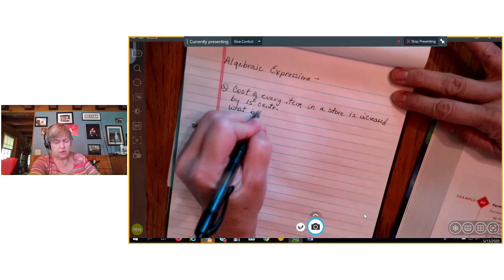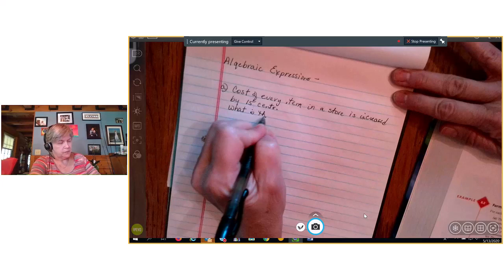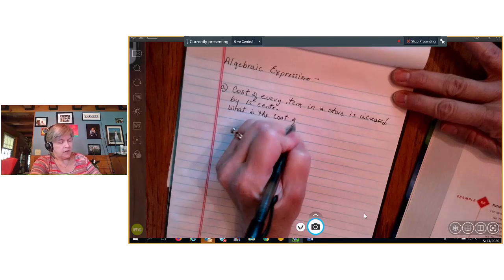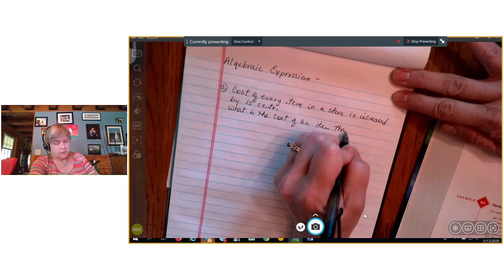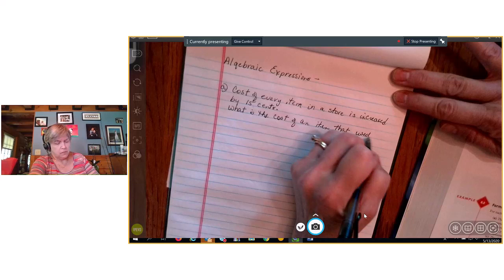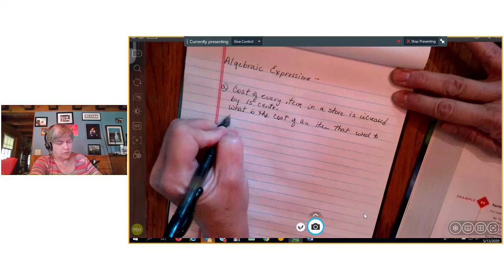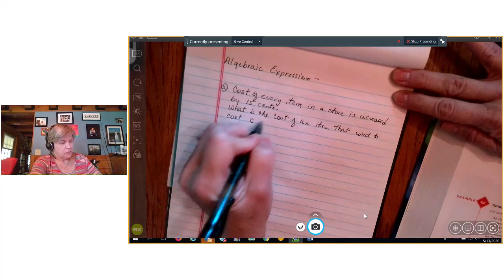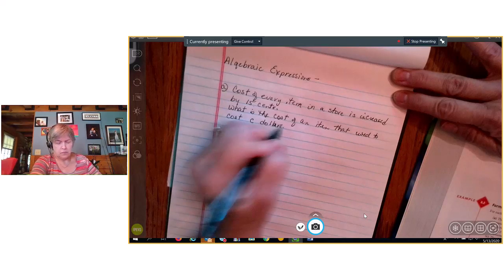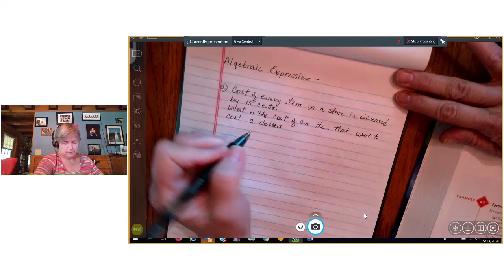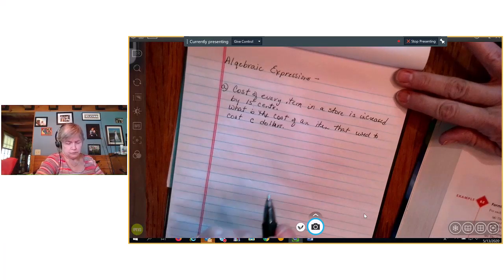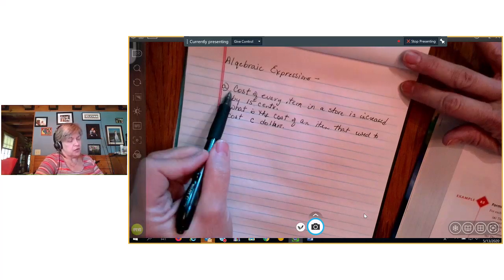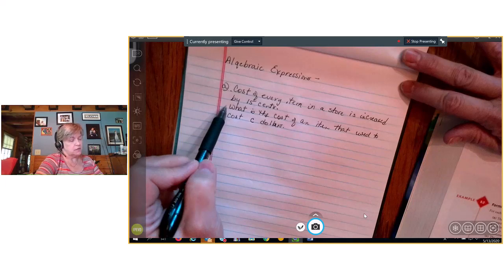What is the cost of an item? So if every item in a store is increased by 15 cents, what is the cost of an item that used to cost C dollars?